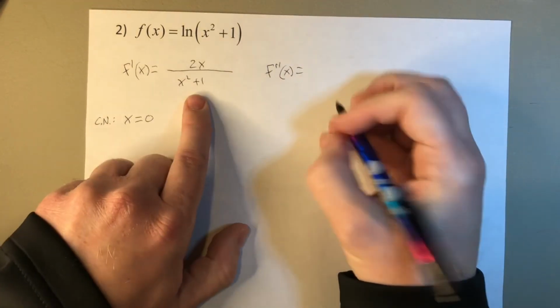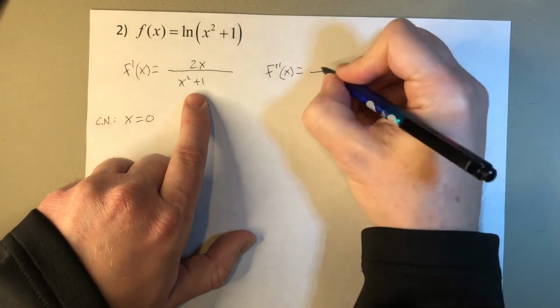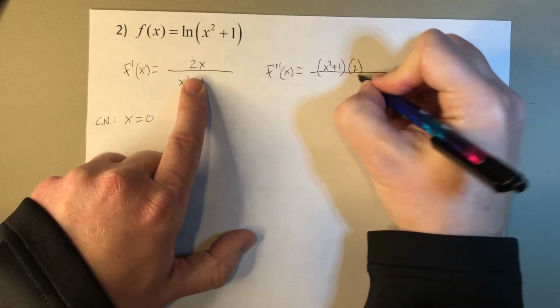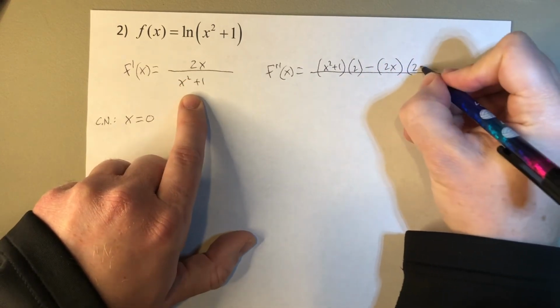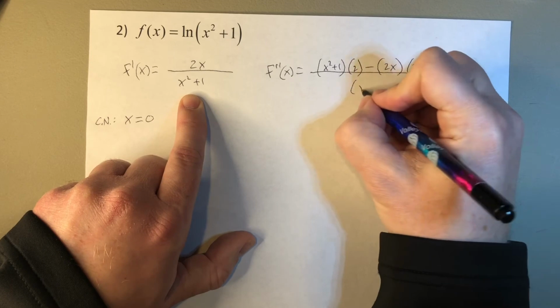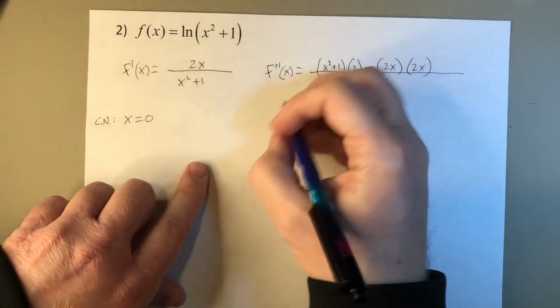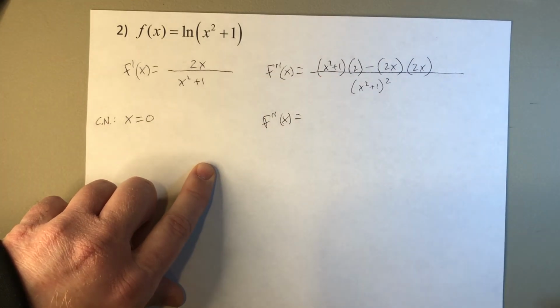So second derivative based on this, I'm going to use the quotient rule, low d high minus high d low, over low squared. All right, let's neaten this up a little bit. So I have what on top?